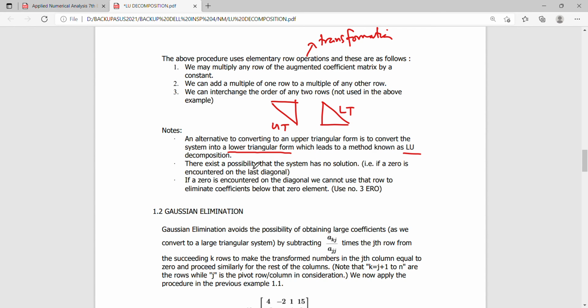Therefore, we need to use ERO number 3 in order to interchange the order of any two rows and avoid a misbehavior which will lead to errors in your program solutions.